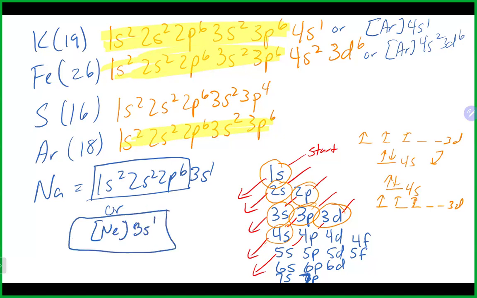It has to be the noble gas that comes right before the element you're writing the electron configuration for, and you could continue on. Any questions on that? Those shorthand notations, good stuff. I like it. Question on electron configuration? Yeah.